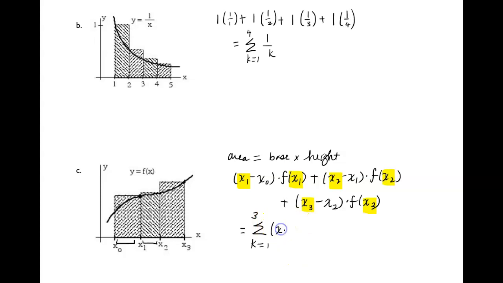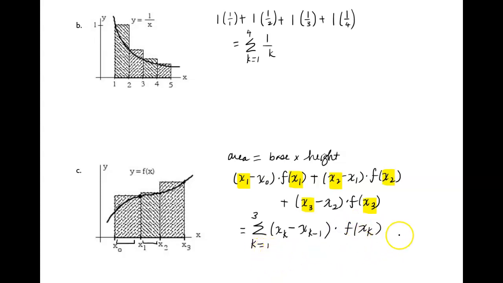Then I'll have x sub k for my first value, x sub 1, x sub 2, x sub 3, minus x sub, so if I want to get 0 here from 1, I would have to subtract 1. So this is k minus 1 for my subscript there. Same thing for my next term, x sub 2. If I subtract 1 from that subscript, I would get x sub 1. And then my height is times f of x sub k.